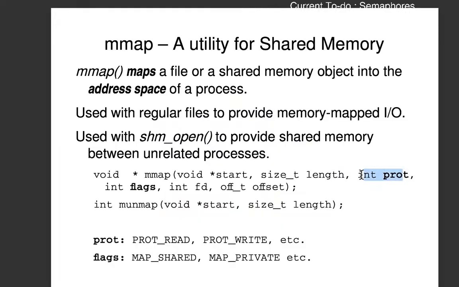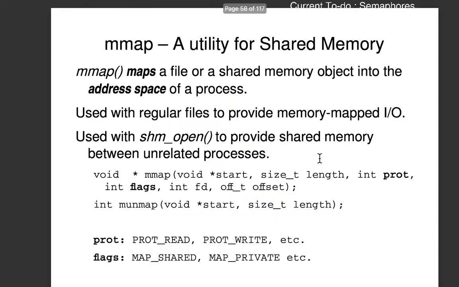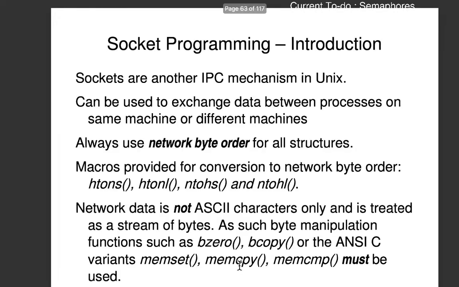What is this prot read? I don't know about it, but the size is my shared size, and start is null. Oh my god, that's prot read, prot write, flags map shared, map private.